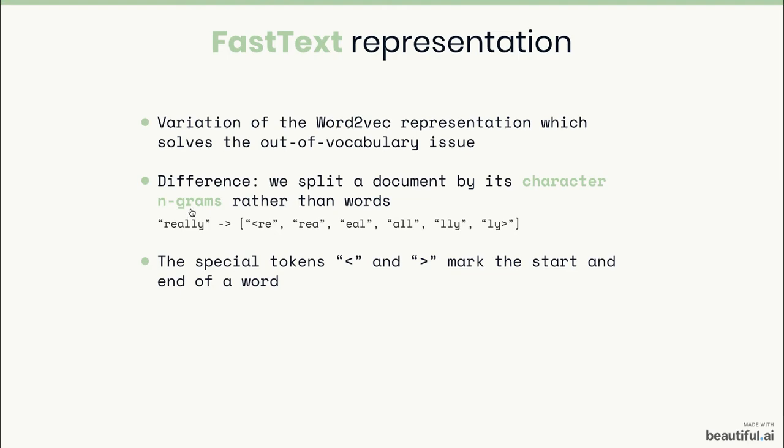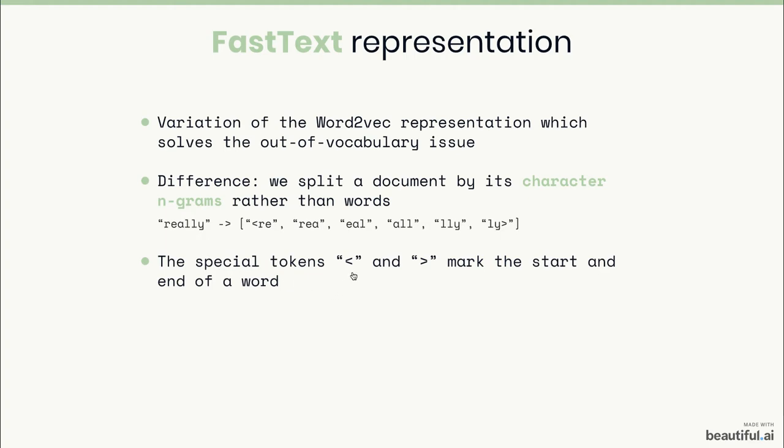So by that I mean we take a word, like the word really here. We then look at triples of characters appearing in the word. So we can think of this as a sliding window of 3 characters that are just sliding 1 character at a time towards the end of the word.